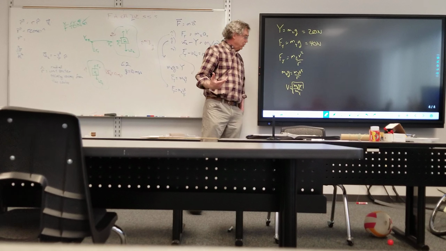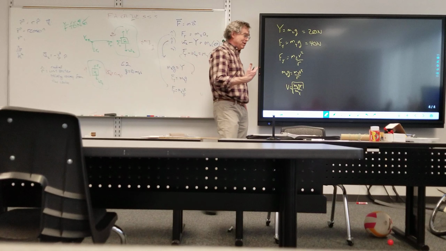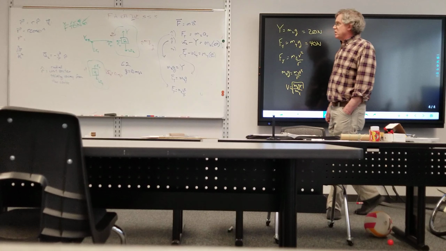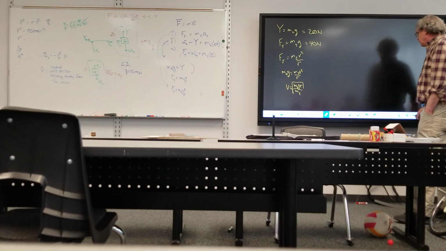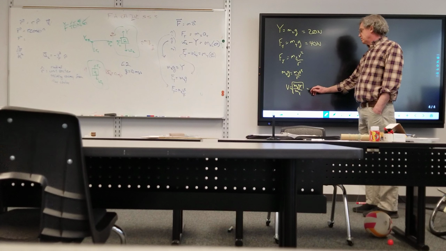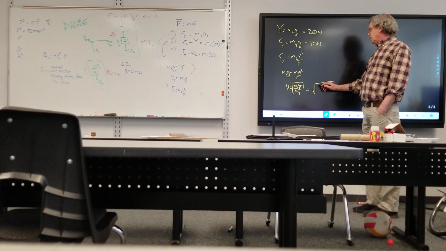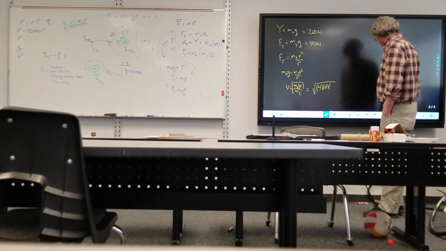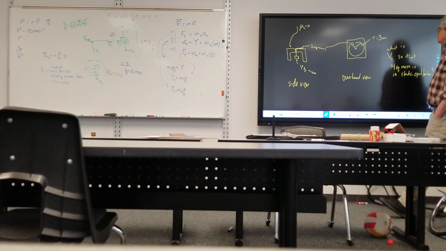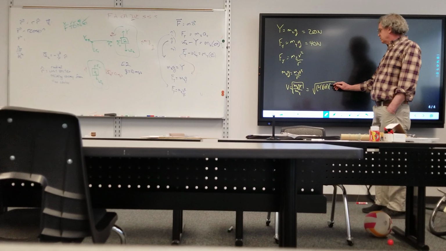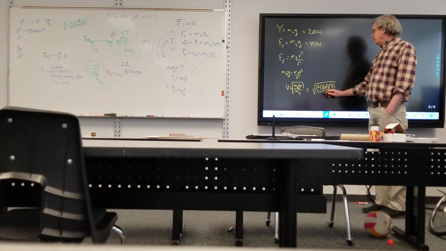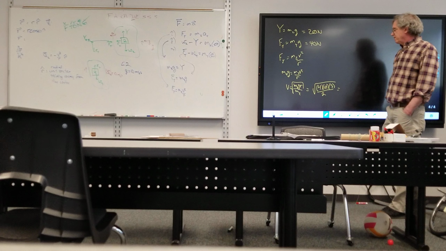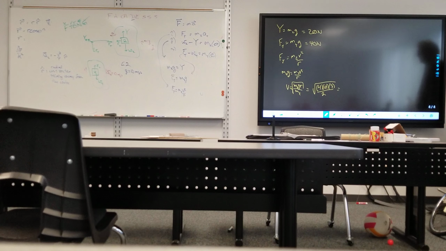I know M4, I know M2, I know little g, I know R. Pretty sure that was given. Oh, it's on the other page. So it's now plug and chug. Square root of 4 times 10 times 3 divided by 2. 7 point something.